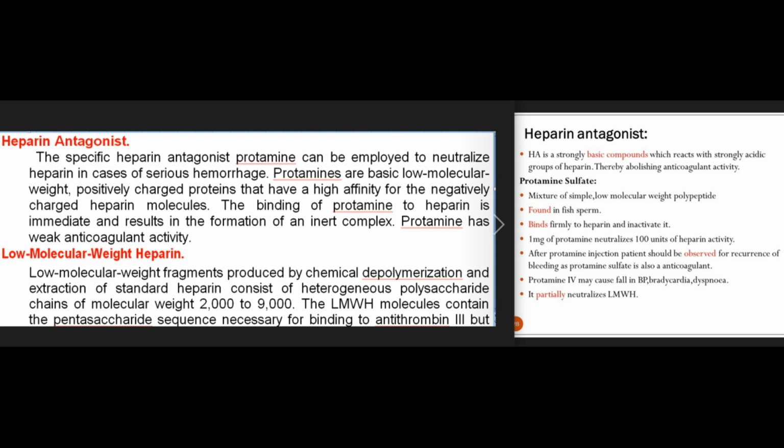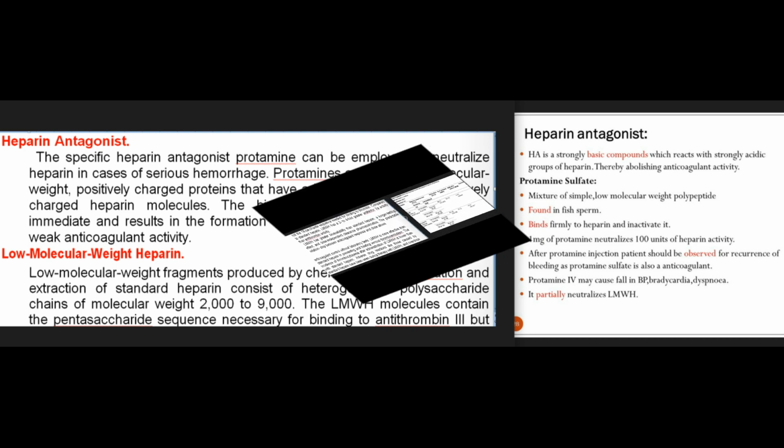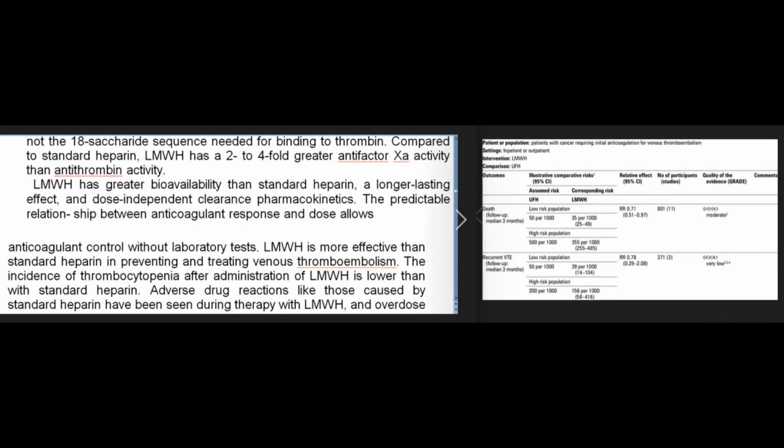Low molecular weight heparin. Low molecular weight fragments produced by chemical depolymerization and extraction of standard heparin consist of heterogeneous polysaccharide chains of molecular weight 2000 to 9000. The LMWH molecules contain the pentasaccharide sequence necessary for binding to antithrombin III but not the 18-saccharide sequence needed for binding to thrombin.